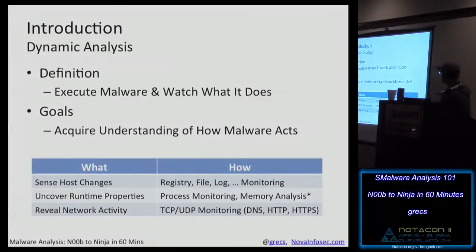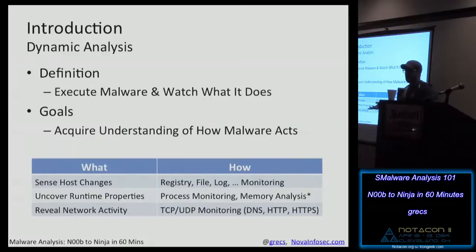I broke it down into 3 parts here. First, we want to sense the host changes, and I already talked about some of those, the registry changes, file changes, things like that. Second, uncover runtime properties. This is where you would use tools for analysis, like monitoring the processes that it creates. You could even use memory analysis tools, which take a snapshot of memory and give you some ideas of what's going on there.